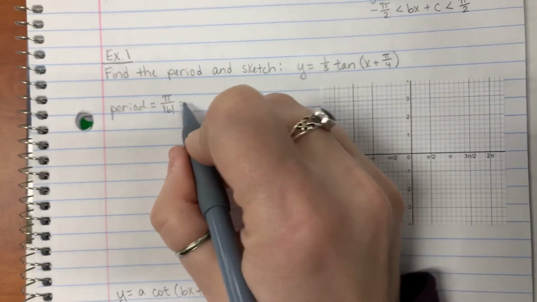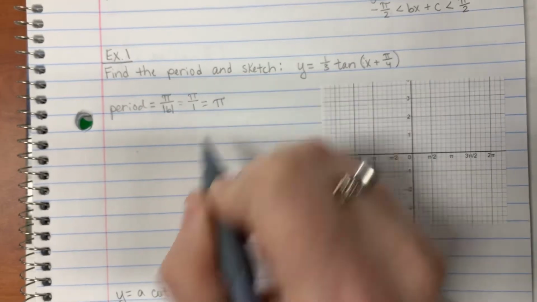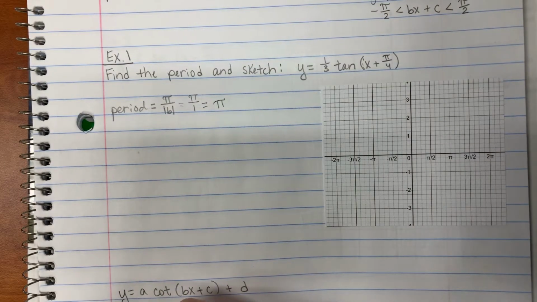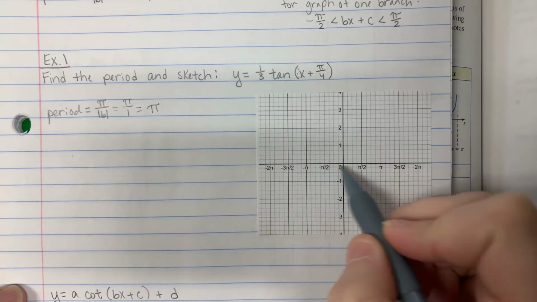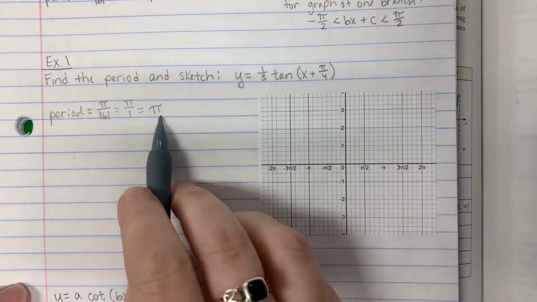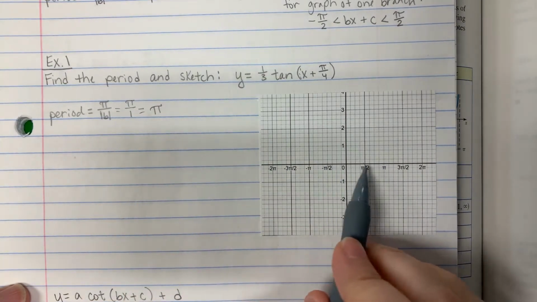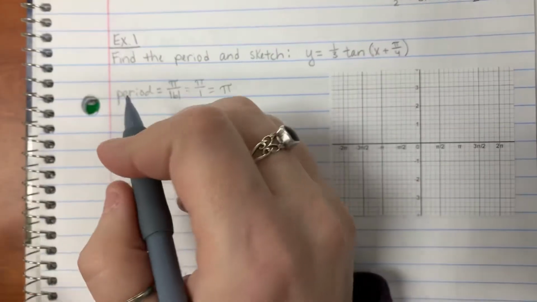So I really have pi over the absolute value of 1, or just 1, which is pi. So my period in this case is pi. Typically it's from negative pi over 2 to pi over 2, and that is pi, right? So this is the same as what it normally would be anyway. I'm not stretching or compressing at all.